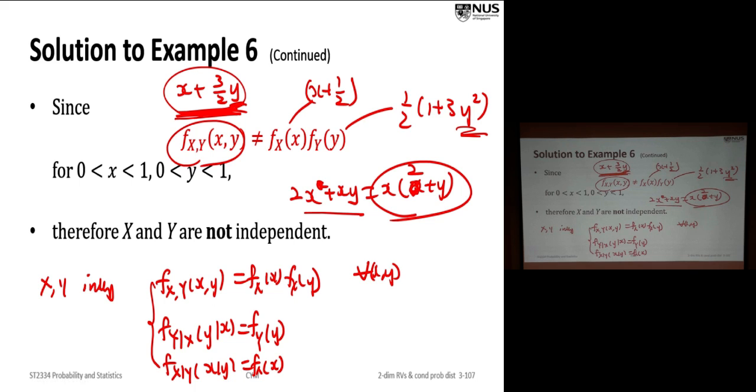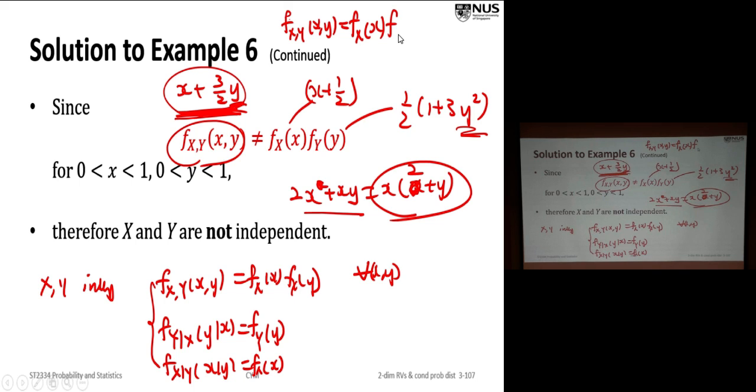One implies the others. Why? Because if you think of it, this is always true. F of xy is equal to, you want both to occur. So let's do it step by step. First, I let x happen, x equal to little x.